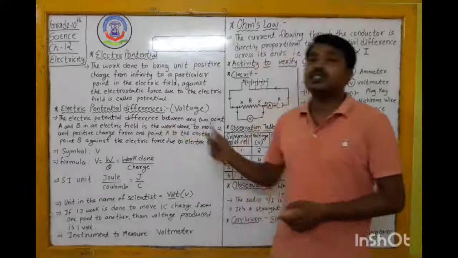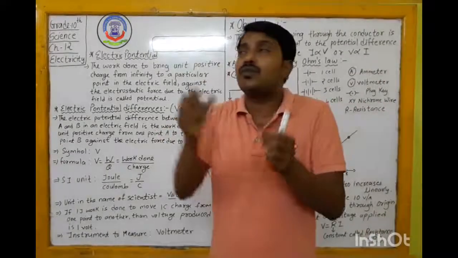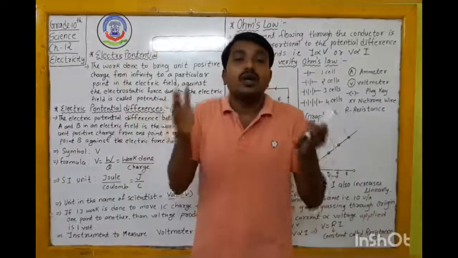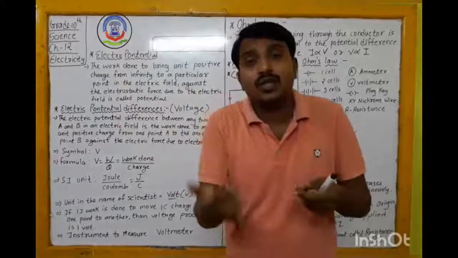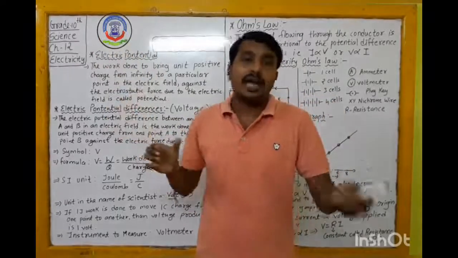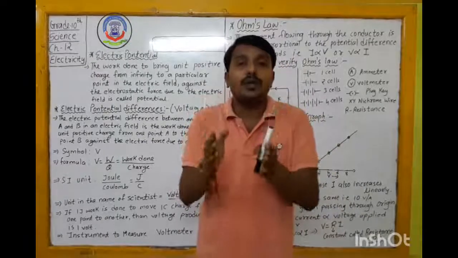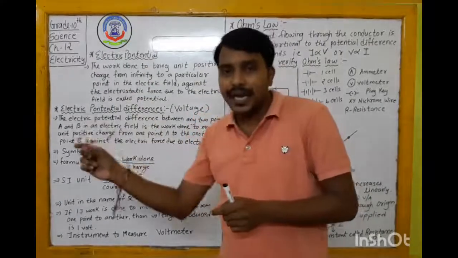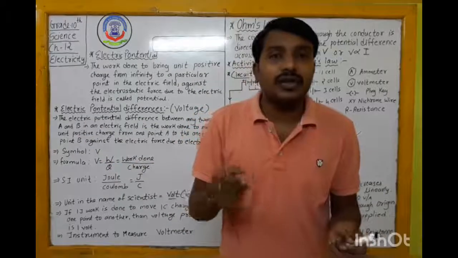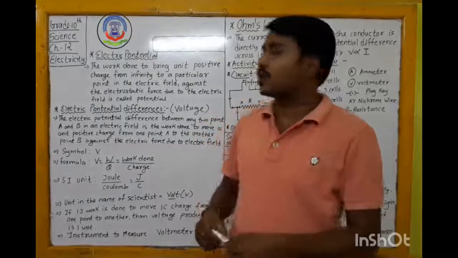Now electric potential difference. See, in the definition of electric potential we have used the words infinity to a given point. So in the definition of electric potential difference, infinity will become point A and the given point will become point B. So the work done to bring a unit positive charge from point A to point B, against the electrostatic force producing the field, is known as electric potential difference.